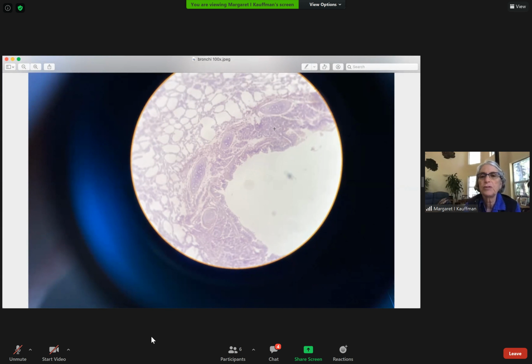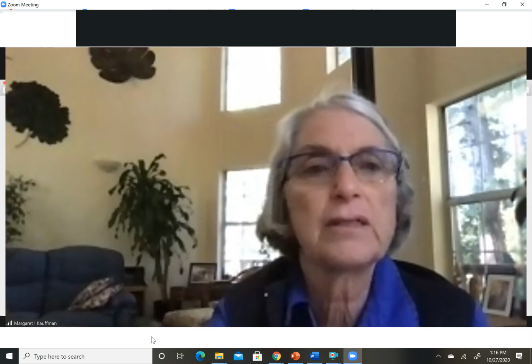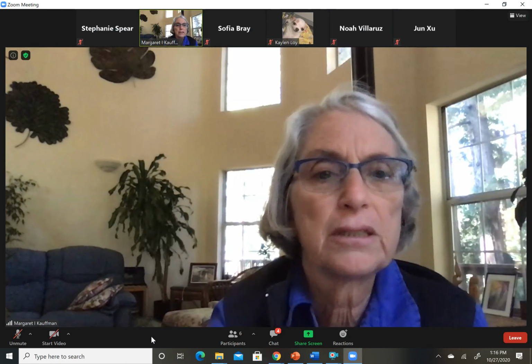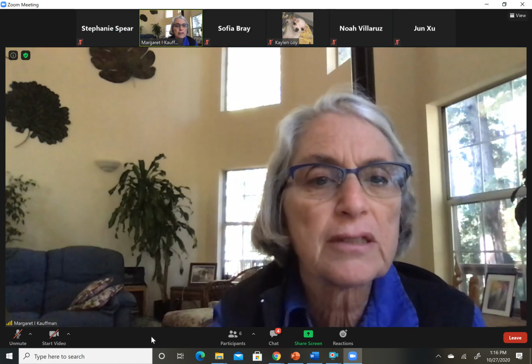Submucosa would be between. There's going to be muscle in that layer too, but the stuff that's right under the surface, the mucosa, would be the submucosa's fibrous connective tissue.